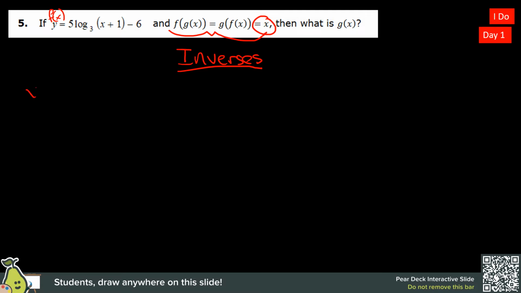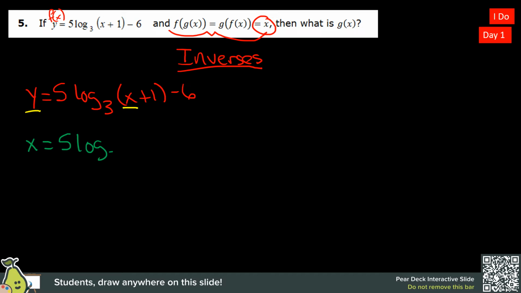So if we have y equals 5 log base 3 of x plus 1, okay, minus 6, and we want to solve for the inverse of this, you'll recall we need to switch our x and our y. When we do that, we're going to get x equals 5 log base 3 of y plus 1 minus 6.